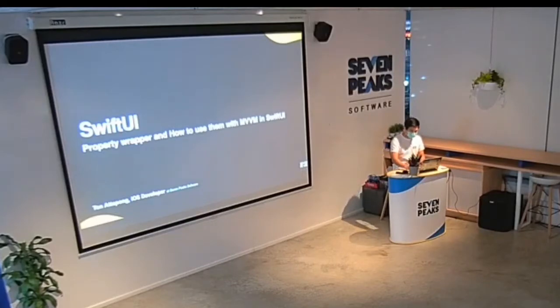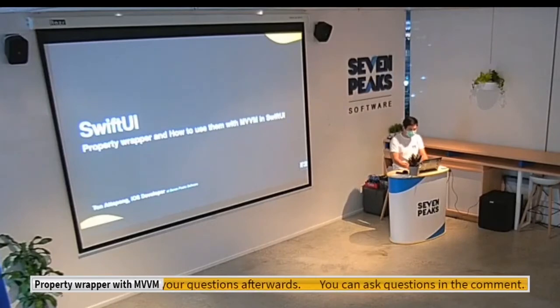So why SwiftUI? Because SwiftUI is the future. Currently, there are many apps that require iOS 11 and later versions. In addition, Instagram and Twitter require iOS 12 and later.